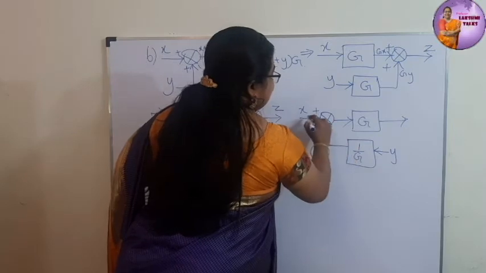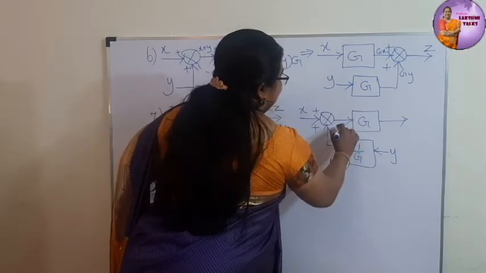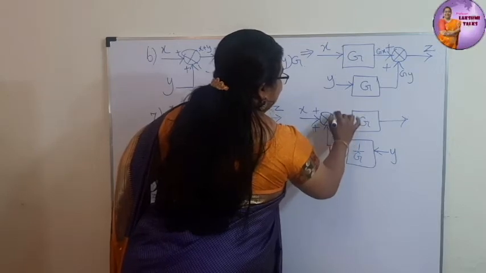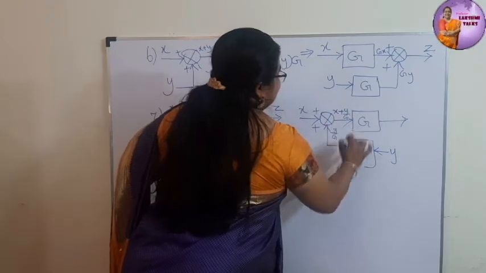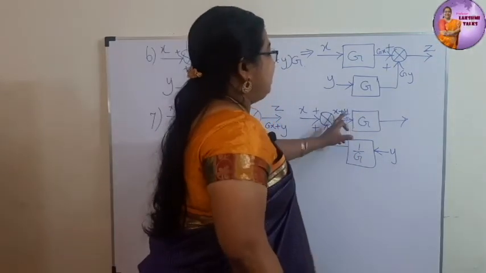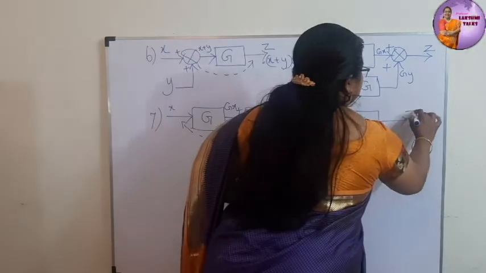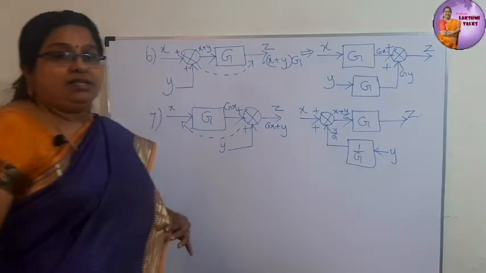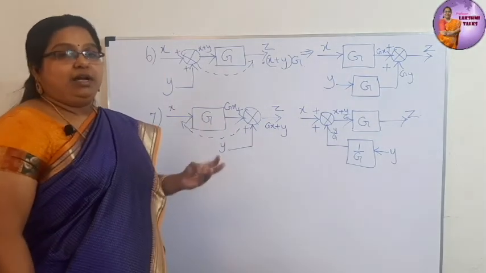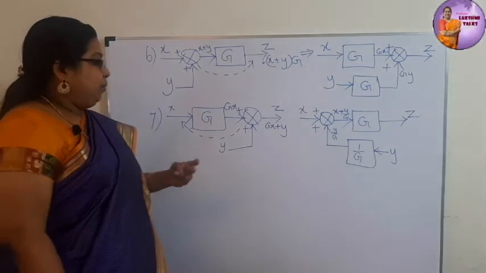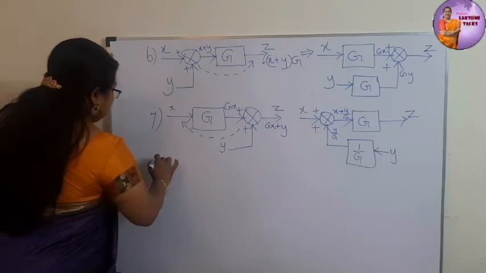It is Y by G, and here you have X plus Y by G. If you multiply it with G, it will become Gx plus Y, that is nothing but Z. Is it right? So that is the rule for shifting the summing point ahead of the block and behind the block.